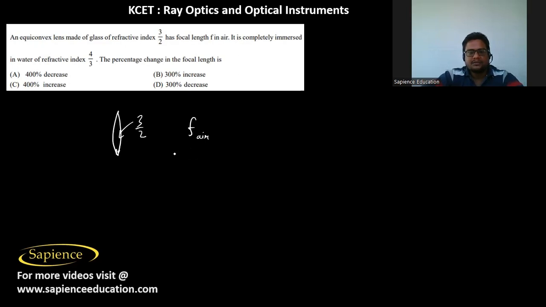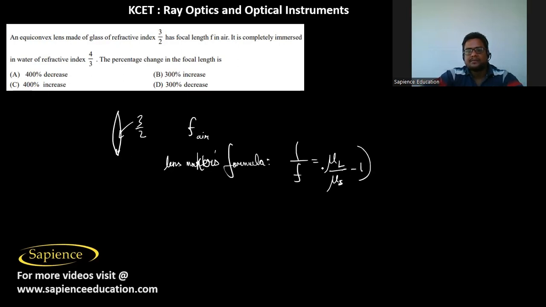So we have to use the lens maker's formula. Lens maker's formula is given as 1 by f equal to refractive index of lens by refractive index of surrounding minus 1 into 1 by r1 minus 1 by r2. Now here, since the two radii of curvature are the same, r1 is equal to r, and r2 is negative, so r2 is minus r.